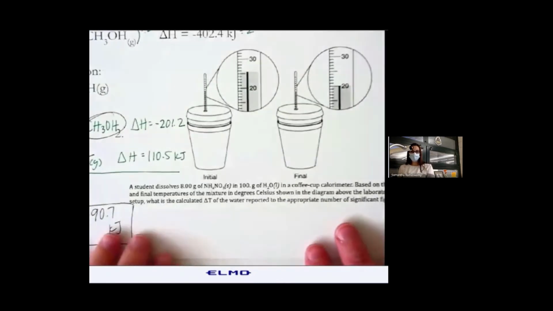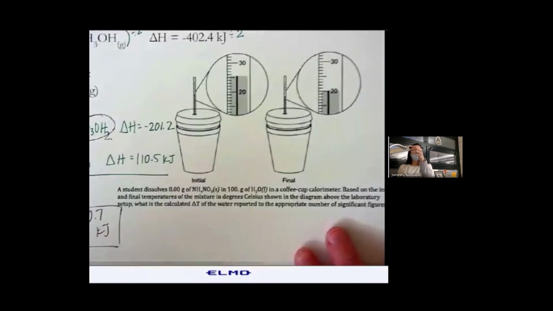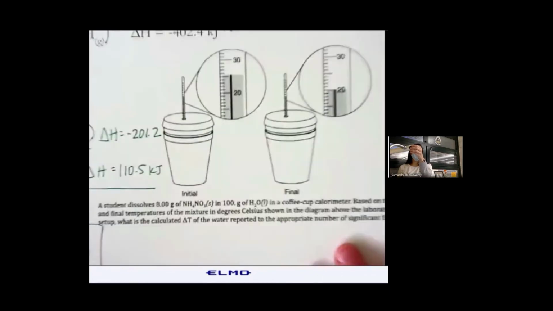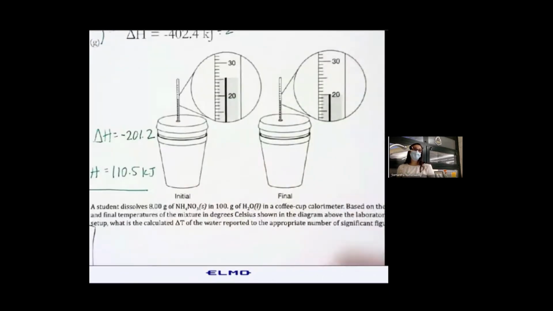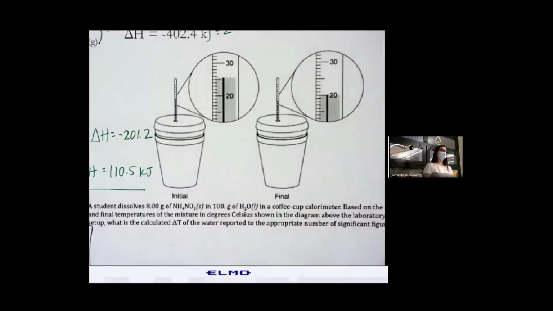This question was actually from the weekly review last week, which came from the quiz that we usually take within the next couple of days, but just with timing, we're just not going to take the quiz. So this says that a student dissolves NH4NO3 in water, and then we have the initial and final temperatures.